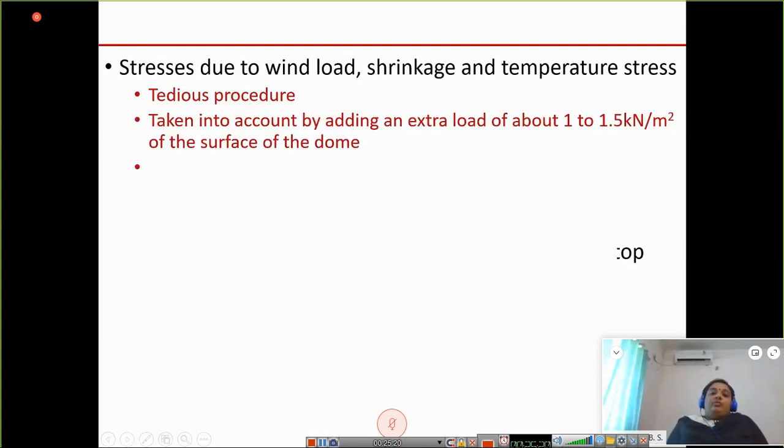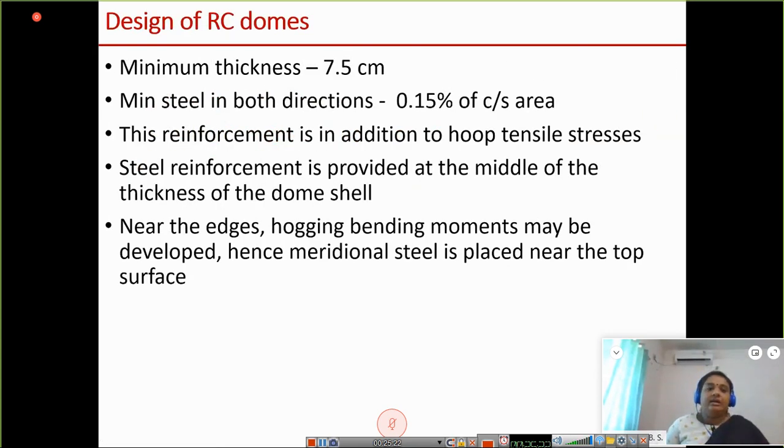Okay. Now with that understanding, we will see the principles of design of RC domes. Similar to the thumb rules we have for the design of beams, slabs, etc., there are some thumb rules.